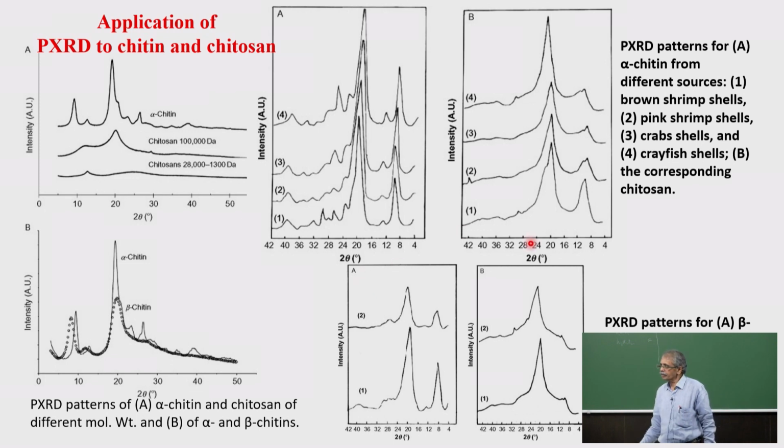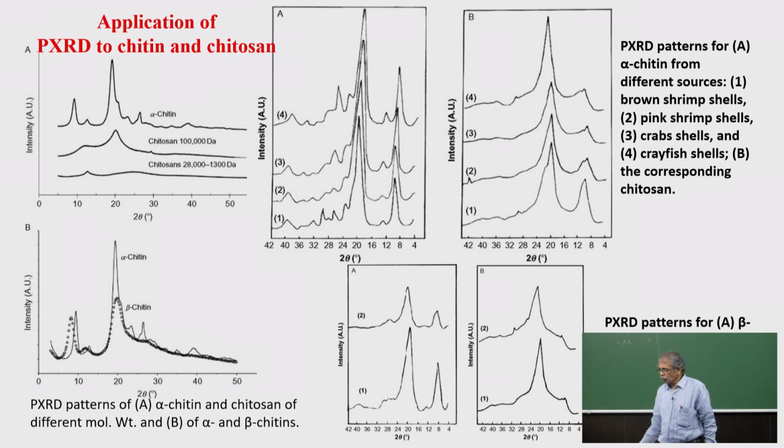On this side, B is from a similar source, but it is chitosan, isolated from brown shrimp shell, pink shrimp, crabs, etc. You can see the peak which is here is not so prevalent here, somewhat less, somewhat much less. So some changes are there because the polycrystalline nature of these materials is different.